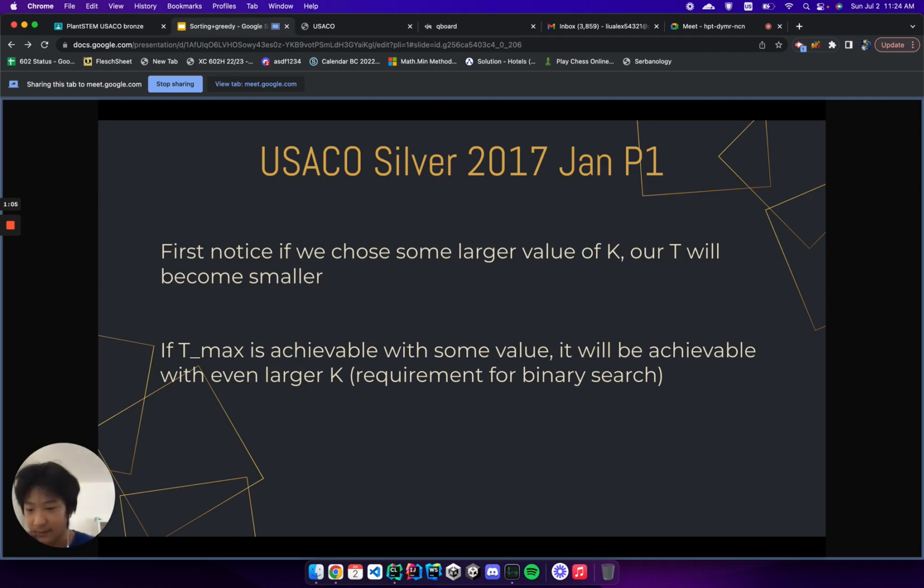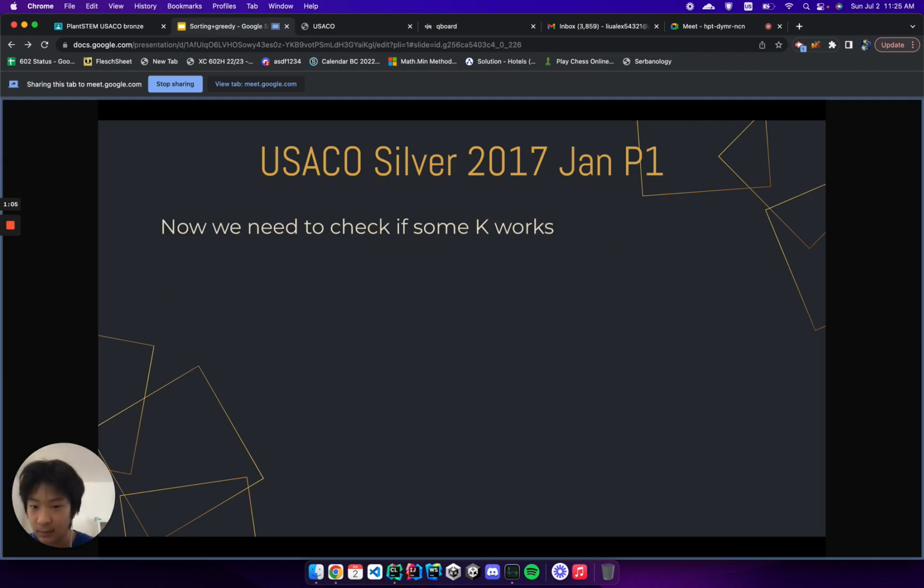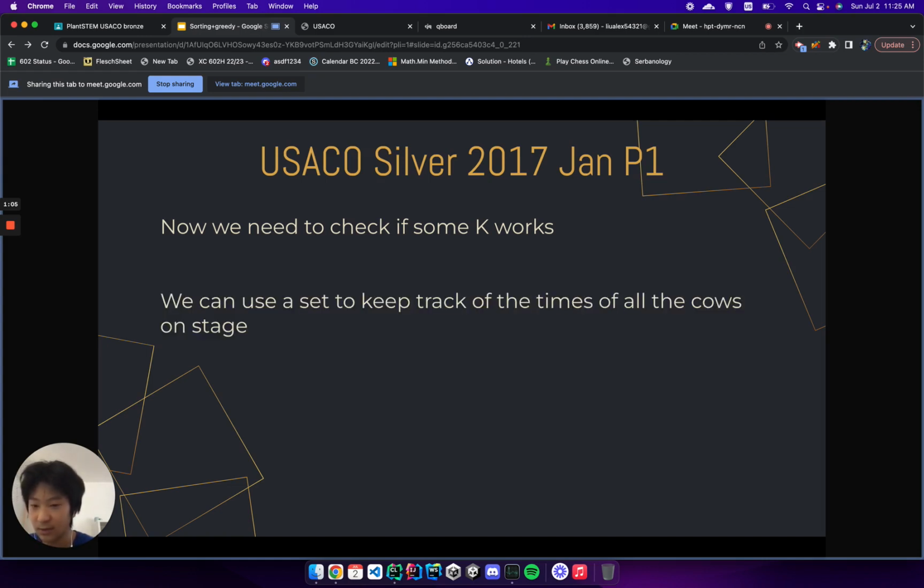That's basically our requirement for binary search: it has to be either always increasing or always decreasing. So we binary search on the answer, which is k. To check if some k works, we can simulate it and use a set to find the minimum time a cow will finish their performance, so we know when the next cow can get on.